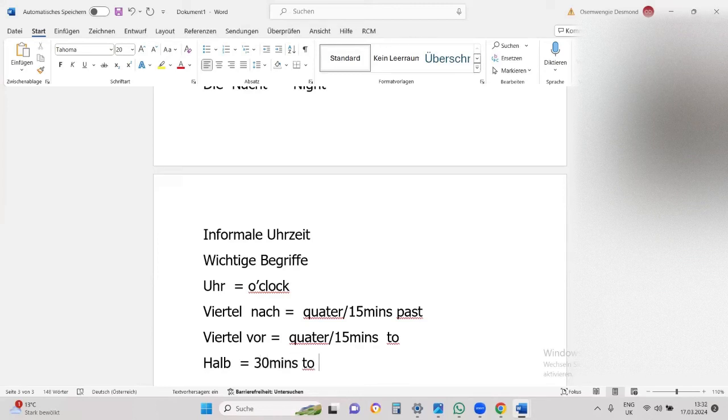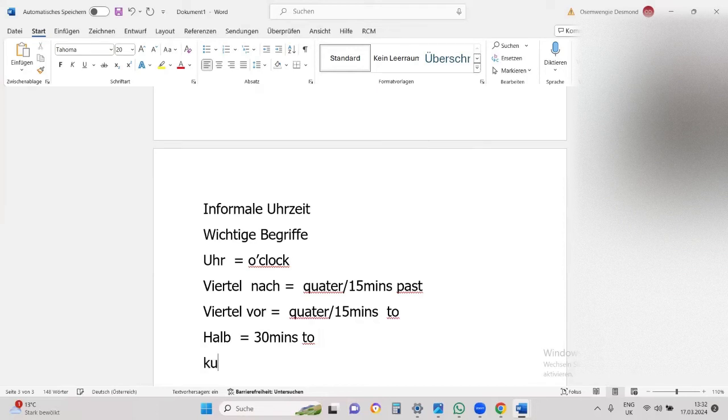Then I have kurz or gleich. It means shortly, usually if the minute is very small. This means from shortly to shortly past. The nach just means past, to express that something has passed something. And the vor is to show that it's before, prior to something.